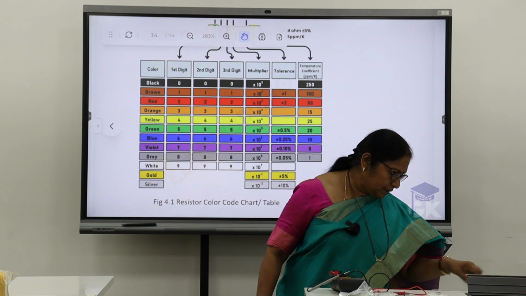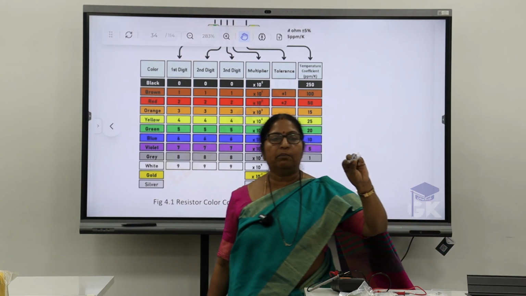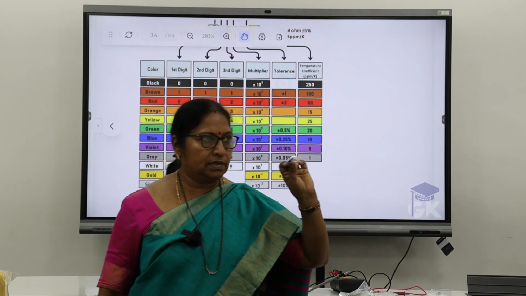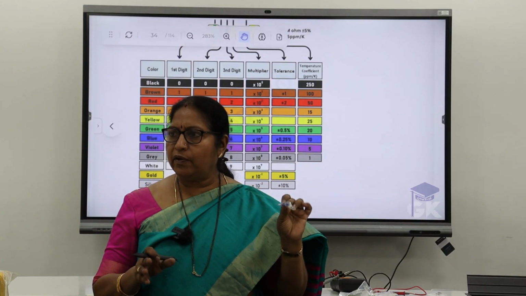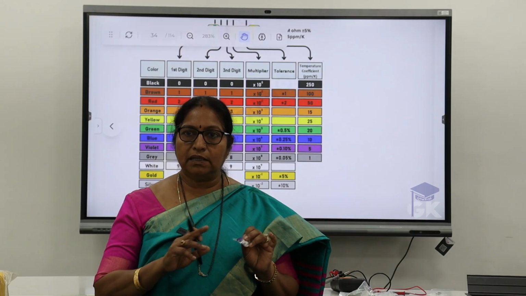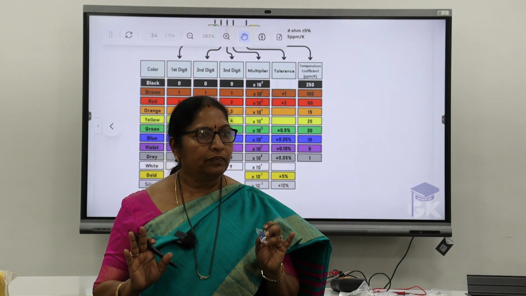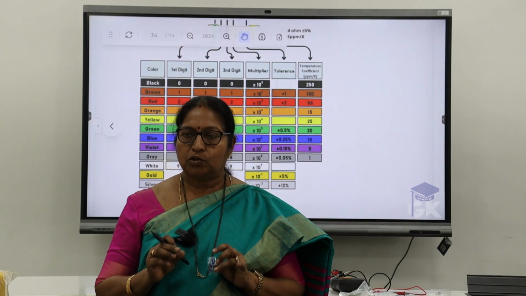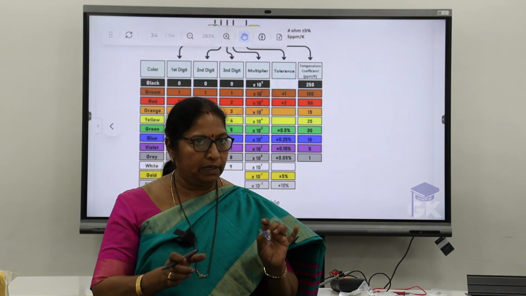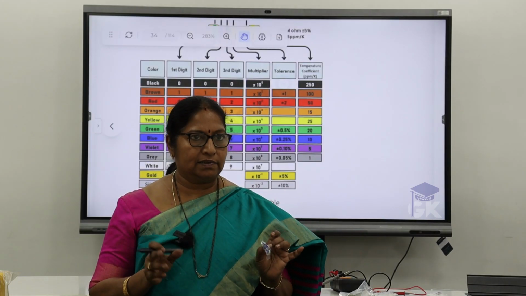And these are all the things. Same way you can also see the trimmers. Okay, trimmers all have 3 legs, you can just see that they fix it. Same way the central leg will represent a variable resistor, the other 2 legs will be fixed resistor value. So if you take the two ends, end to end connected, it acts as a fixed resistor.